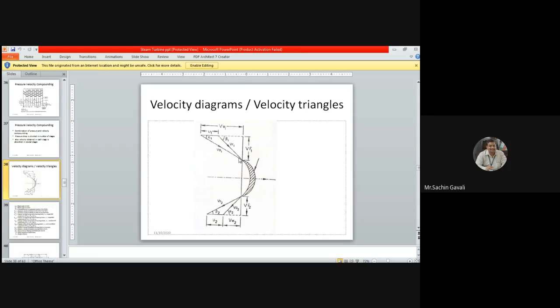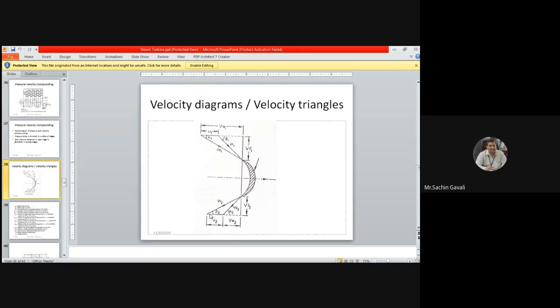Now this is the blade, common for when the steam enters the blade. The edge where the steam enters is called the inlet of that blade, and where the steam leaves the blade is called the outlet of that blade.